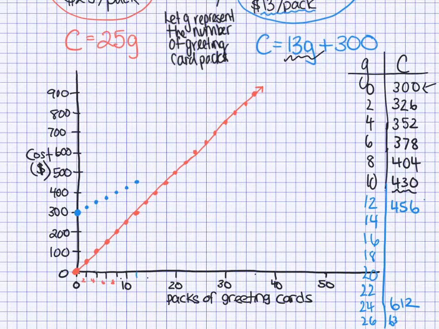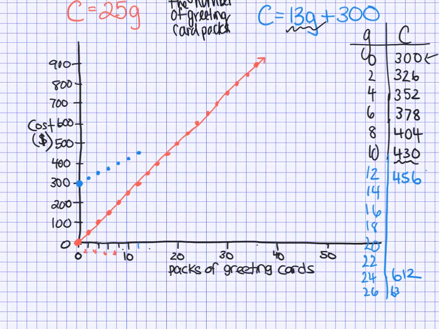Haha, that's kind of in my way. Sorry, I'm just gonna scroll up a little bit. 638. So once you're graphing it, I just totally gave this away, but 24 packs will cost 612. So let's go up and find 612, which is here. And then 26 packs will cost 638, which is going to be down here.